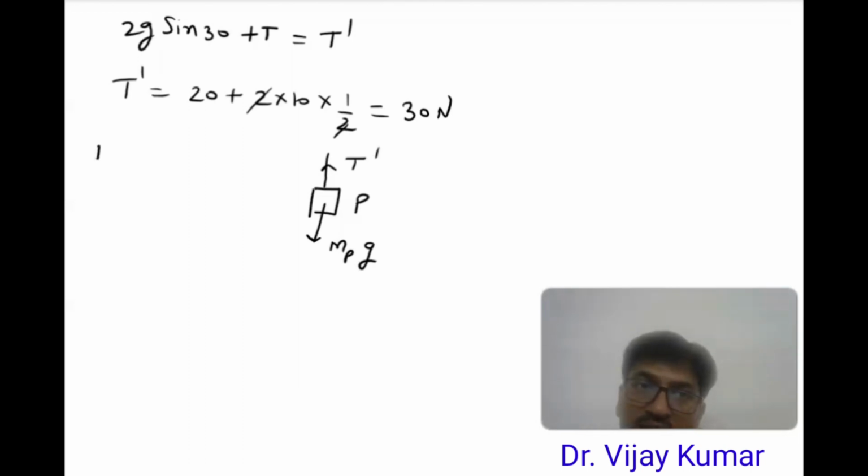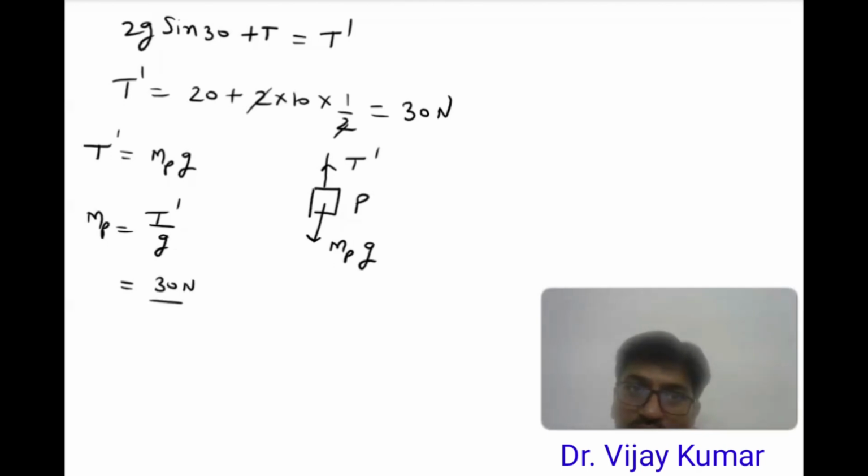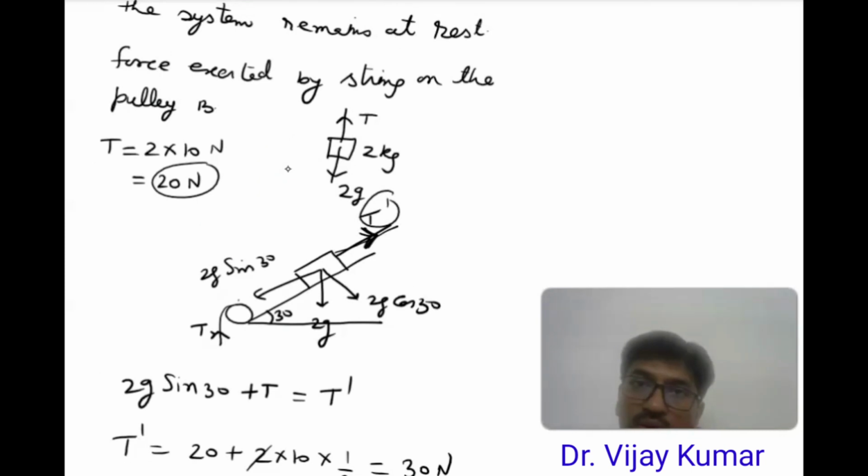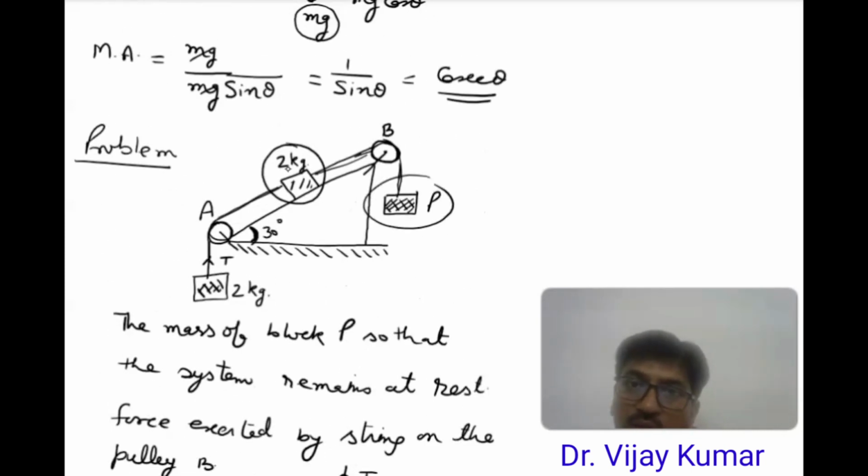So T dash should be MP into g, and MP should be T dash upon g. T dash we have calculated as 30 Newton, upon g which is 10. So it should be 3 kilogram. The mass of this block should be MP equal to 3 kilogram.